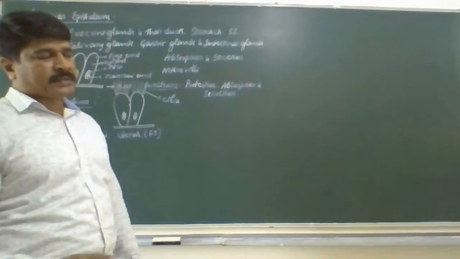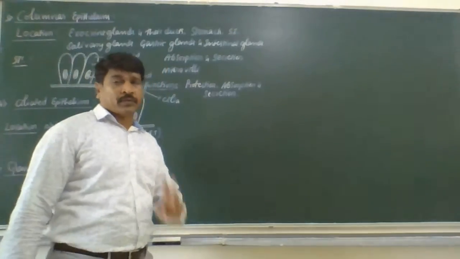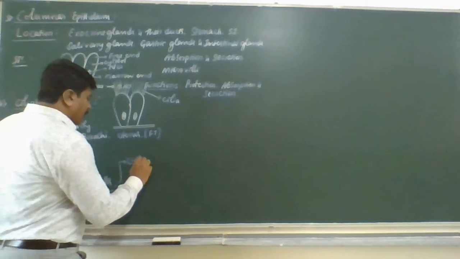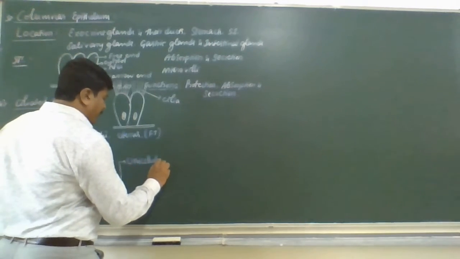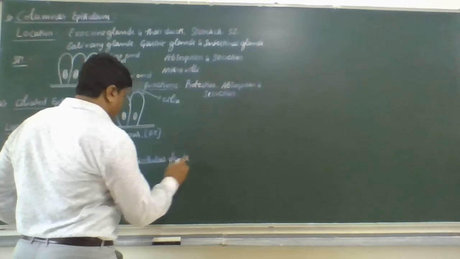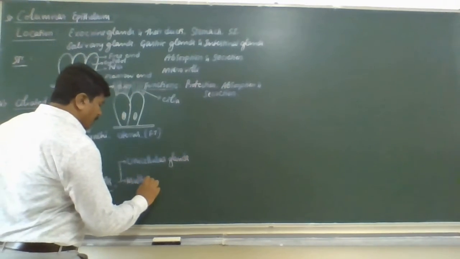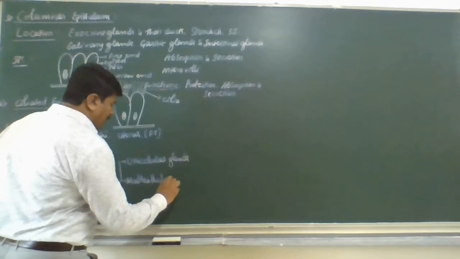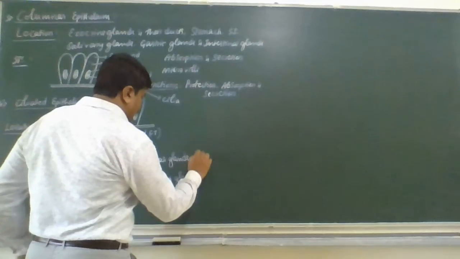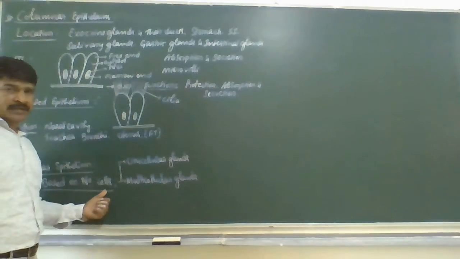Based on the number of cells in a layer involved for the secretion, glands are of two types: unicellular glands and multicellular glands. So these are the two types of glands based on the number of cells involved in the secretion.